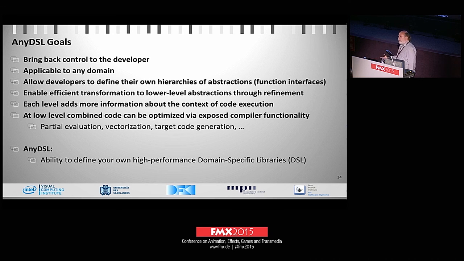It should be applicable for any domain. So we don't want a domain-specific language that only works for ray tracing, or only for point processing, or only for shading. We want a single language that allows you to define the specific domains you want to abstract for. We want to allow you to define entire hierarchies of abstraction. That's really what programming is all about. And the way we present these abstractions to you is just function interfaces.